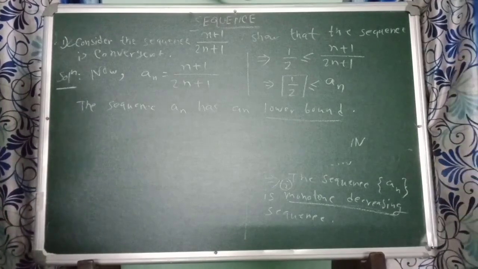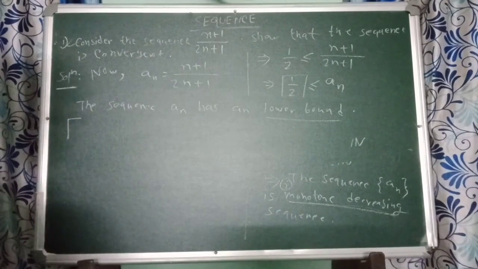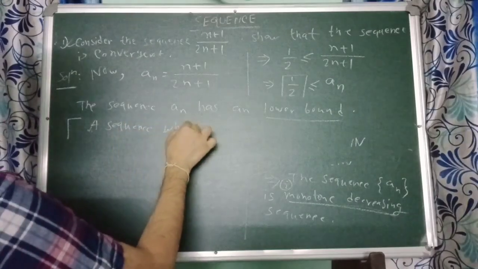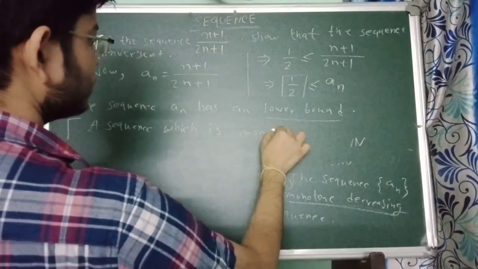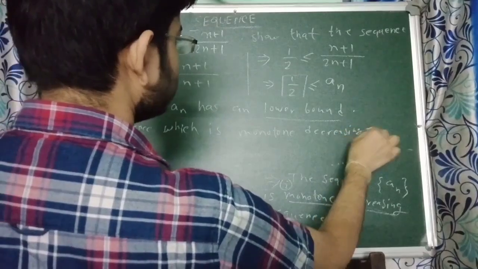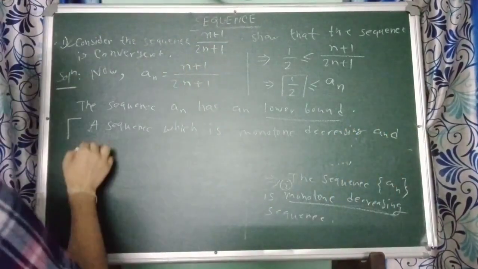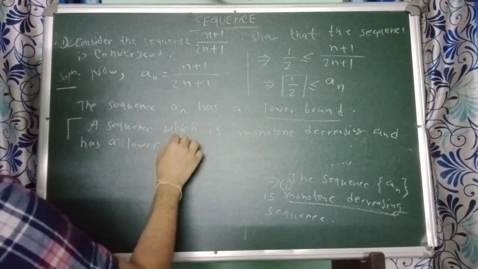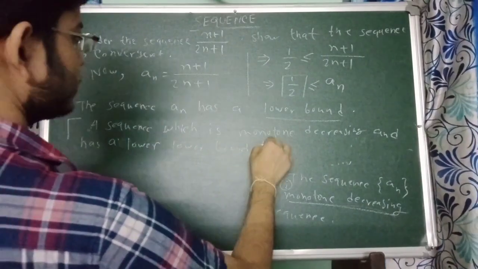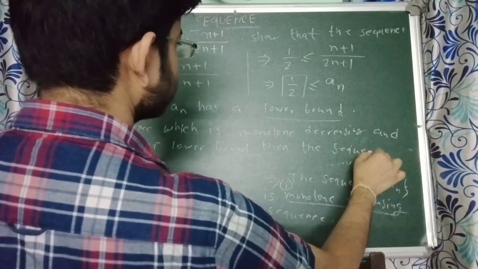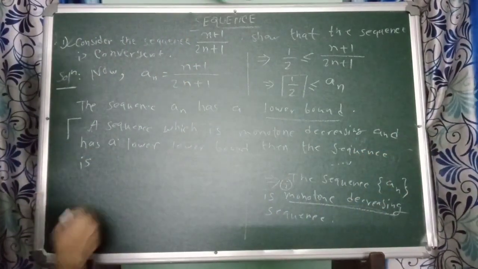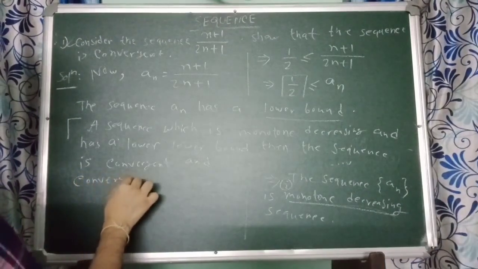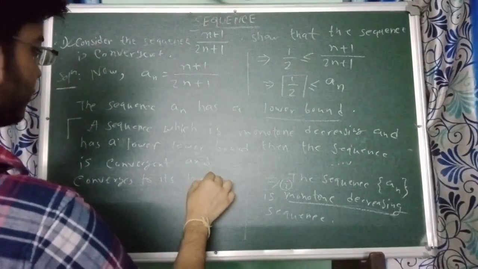So by the result, which is already discussed in the previous lecture, a sequence which is monotone decreasing and has a lower bound is convergent and converges to its lower bound.